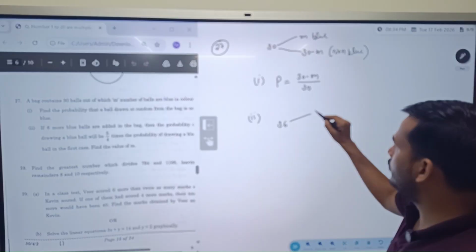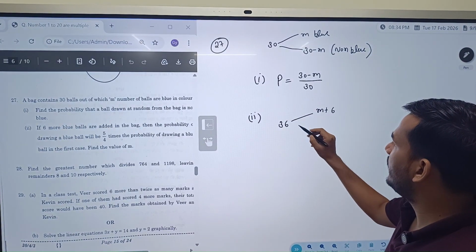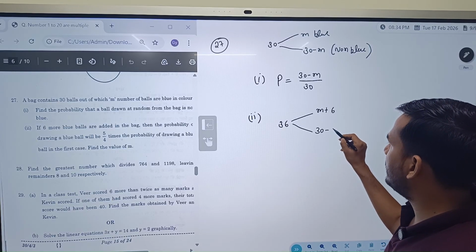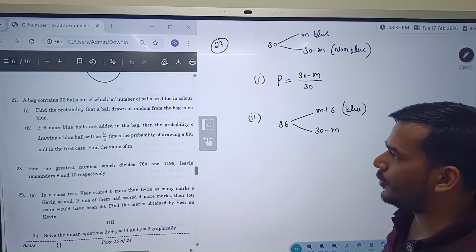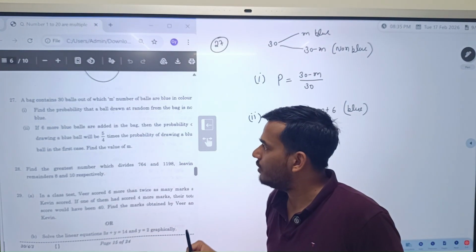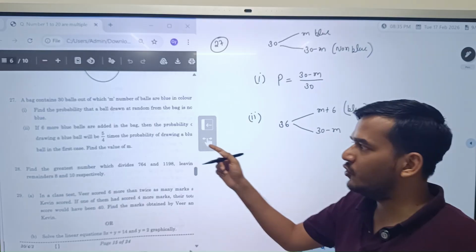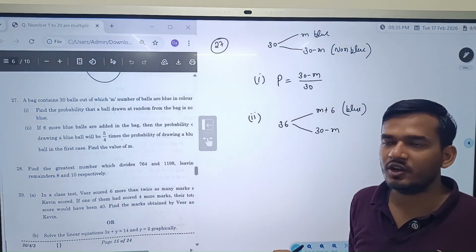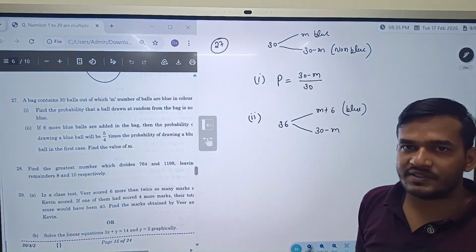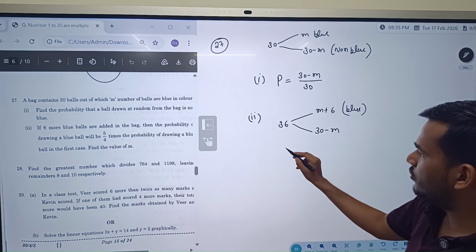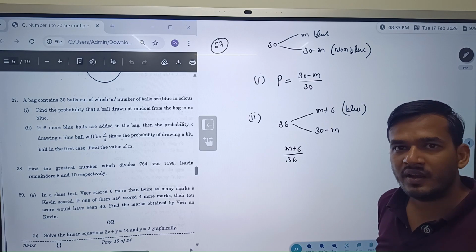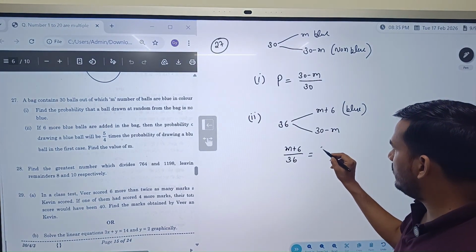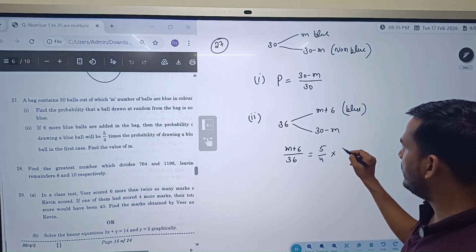Out of that, the blue balls are m plus 6, and non-blue balls are 30 minus m again. So probability of the blue ball in this case is equal to 5 by 4 times the probability of blue ball in the first case. So probability of blue ball in this case is m plus 6 upon 36, and probability of the blue ball in the first case is m by 30.